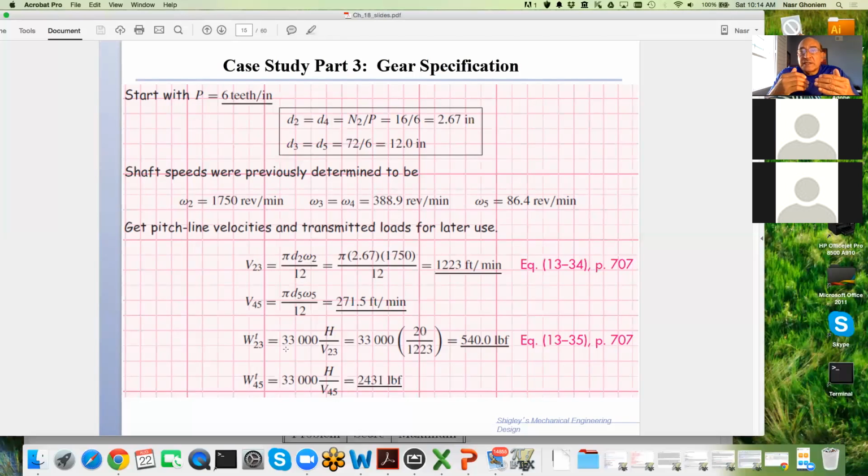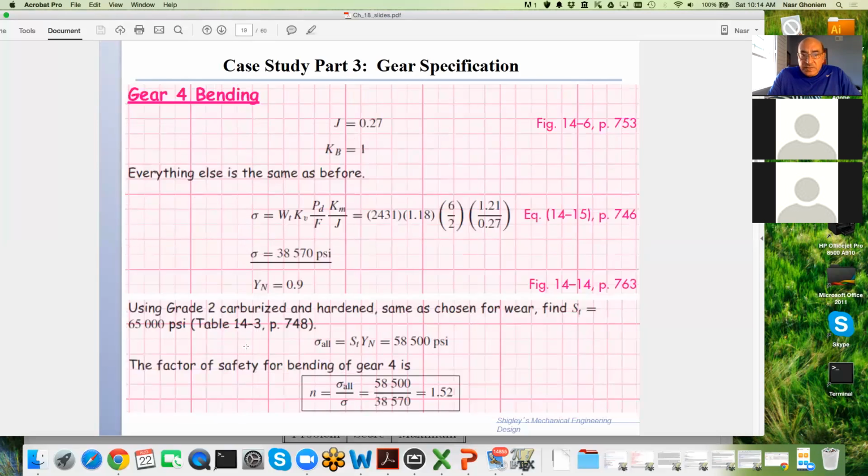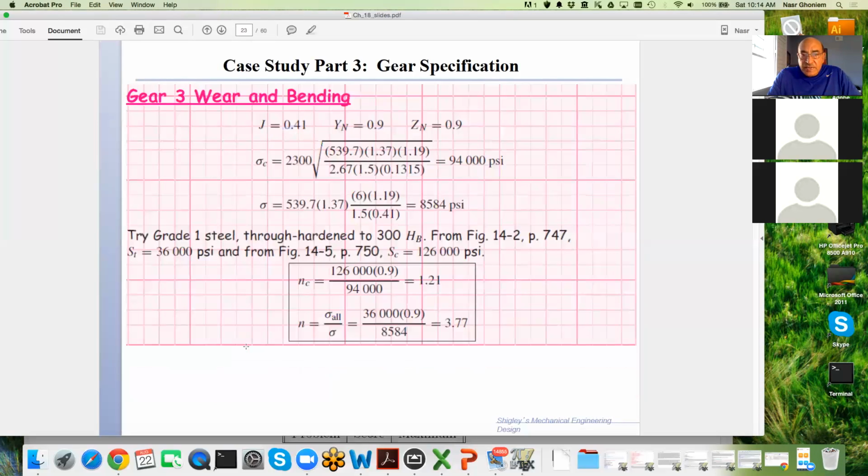So from knowing the pitch line velocities and knowing the horsepower, that determines the contact forces. These are tangential ones. And once we know the tangential contact forces, we use the pressure angle to determine a radial component and a tangential component. So let me skip that and then go directly to the next part.